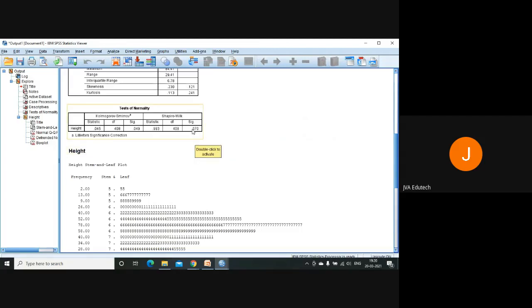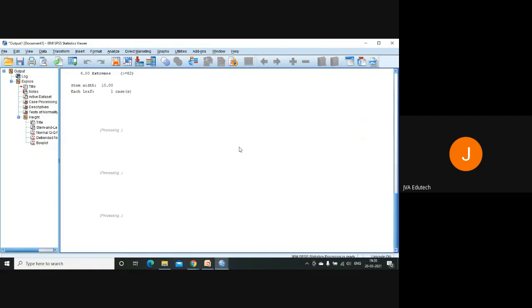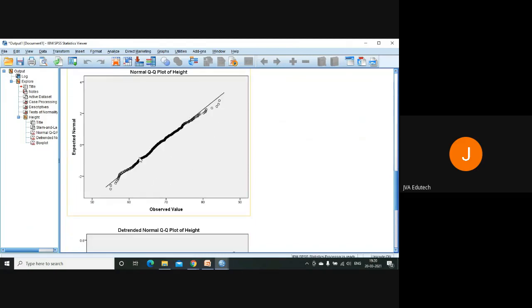You can see that our significance value is somewhere near 0.07, more than 0.05. So our data is normally distributed. Or if you see it through this normal QQ plot, most of the data points are very close to this diagonal line. So you can say that the data is normally distributed.